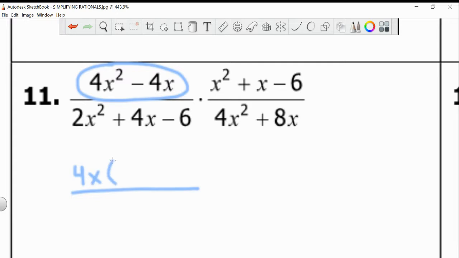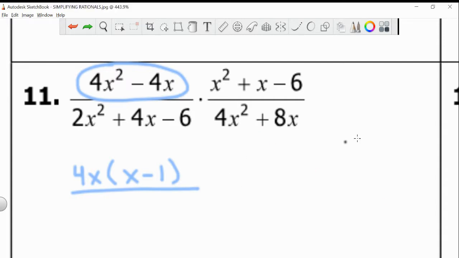An x, and what are we left over with? A -1. Remember, if we take out 4x and the whole thing goes away, we need that placeholder 1. Don't forget that. That's a little GCF reminder coming back to haunt you a bit.